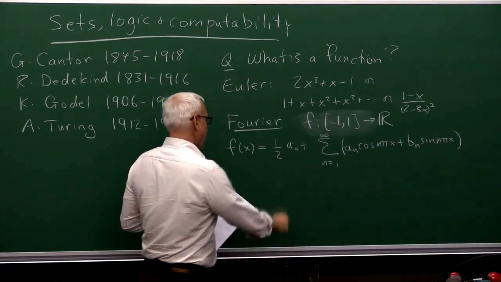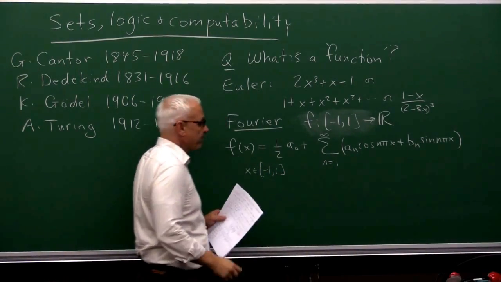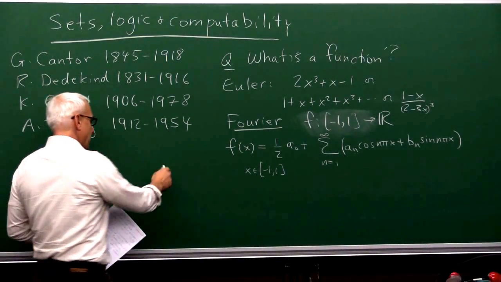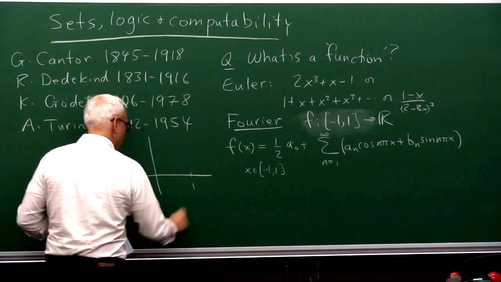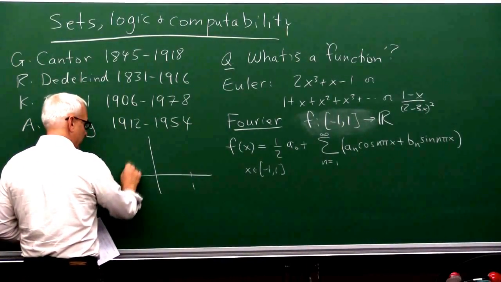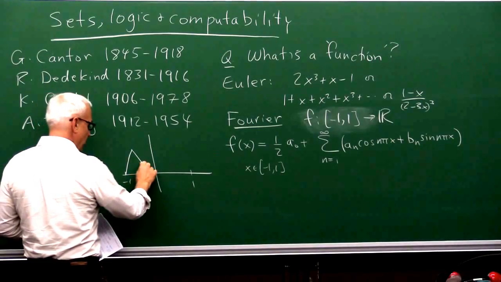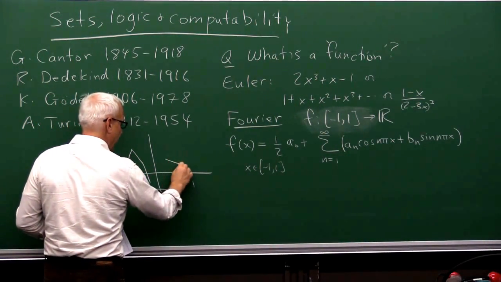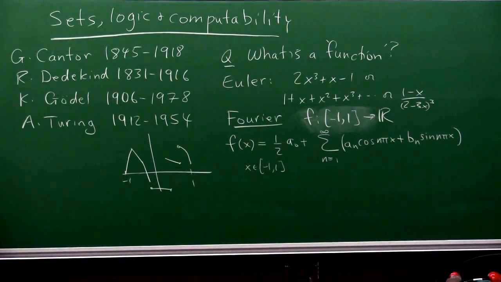Okay, so this is valid for x in [-1, 1]. This is called a Fourier series, and it expresses an arbitrary function, let's say even a function with some differential problems. Maybe it has some non-differentiability points, or maybe it's even not continuous. Something like that. The function could be like this.